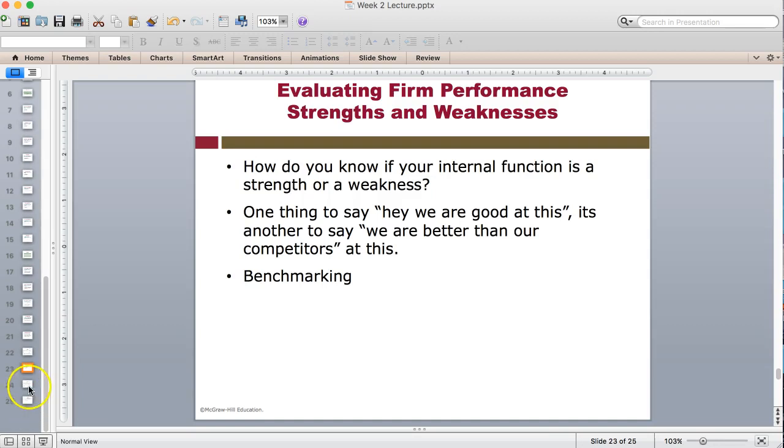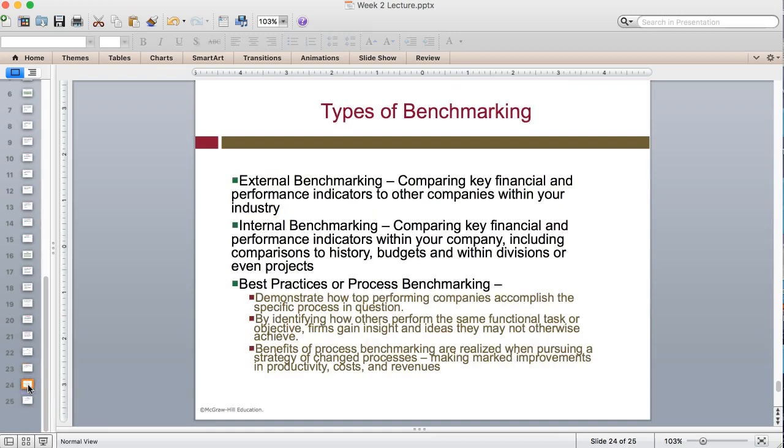There are several types of benchmarking, but the one we're talking about here is basically external benchmarking, where we're going to compare financial and performance indicators to other companies within our industry. And so we're going to take a function, look at an indicator for that function, and then compare that indicator to a competitor and see if it's better or worse.